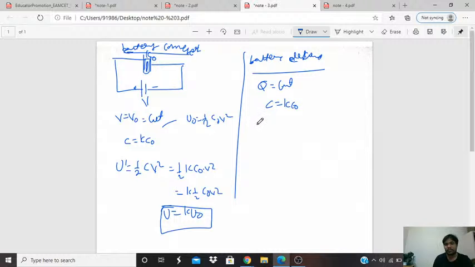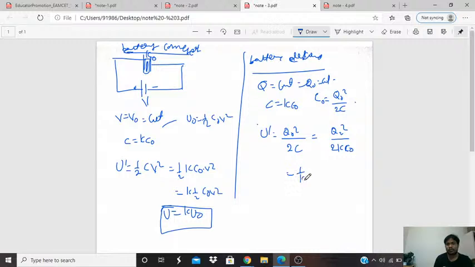Now charge constant means we have initially U naught equal to Q naught square by 2C. Q or Q naught constant. So finally U dash Q naught square by 2C. C means K C naught. See, 1 by K into Q naught square by 2C naught. That is U, it is U naught by K.